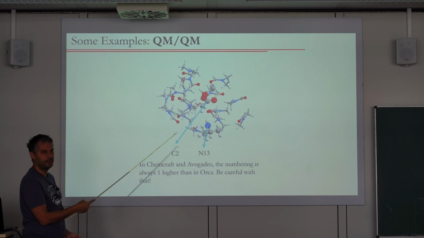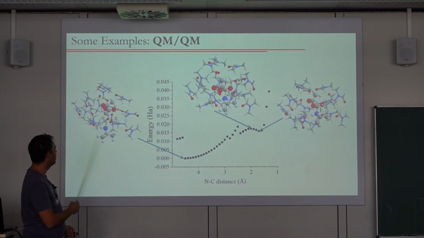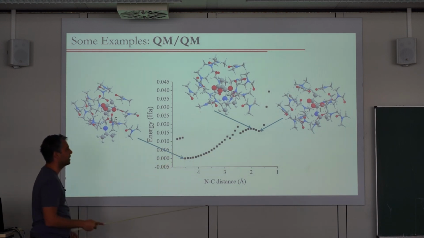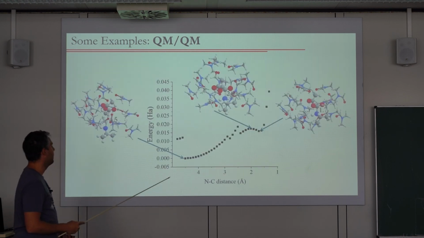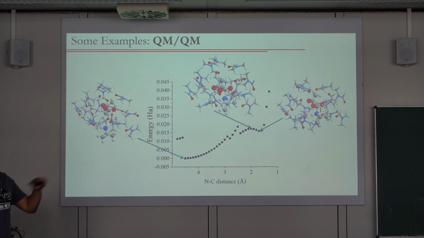This was just an example for a YouTube video, and then I can calculate a possible transition state for a reaction that is a nucleophilic attack on acetic anhydride, but done with these DMF molecules all treated at a lower level, so it allows me to consider the solvent explicitly, but not with such an expensive calculation.